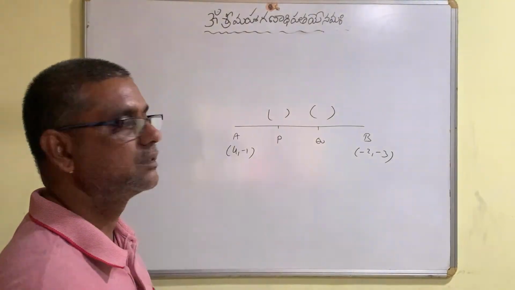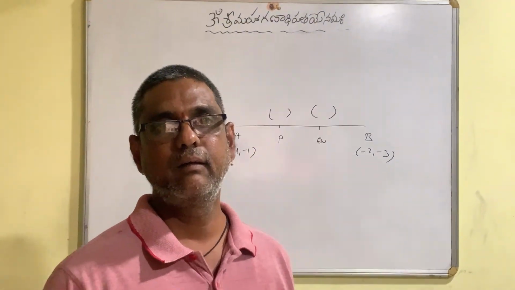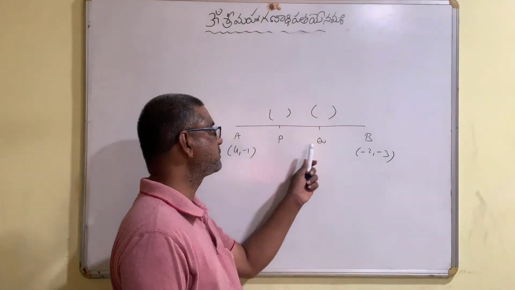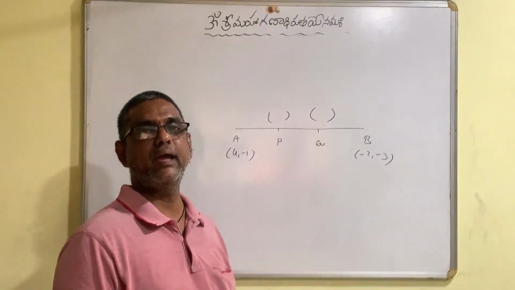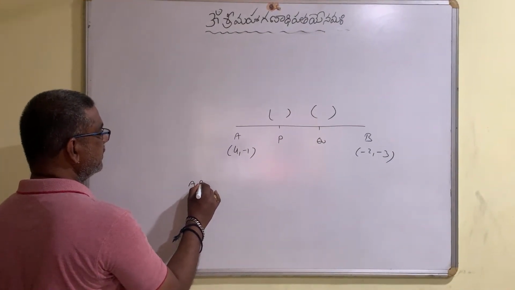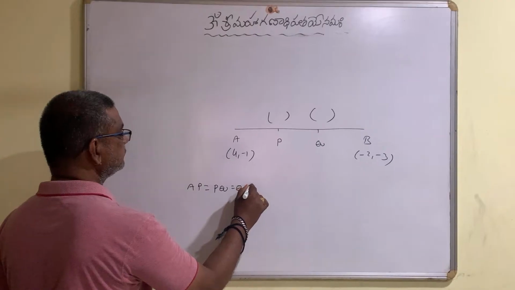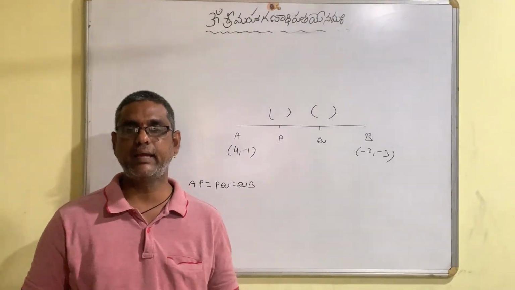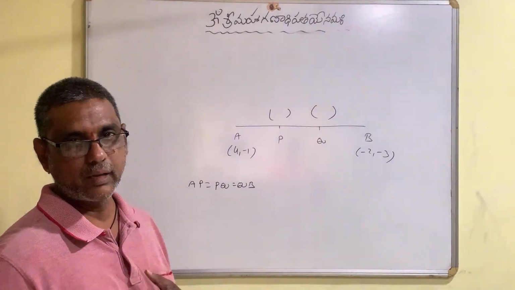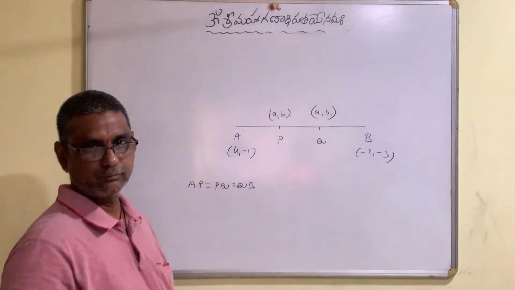There is a line segment whose endpoints are 4, minus 1 and minus 2, minus 3, and it was divided into 3 equal parts with the points P and Q. They are dividing the line segment AB into 3 equal parts, and we need to find out their coordinates. Okay, na?